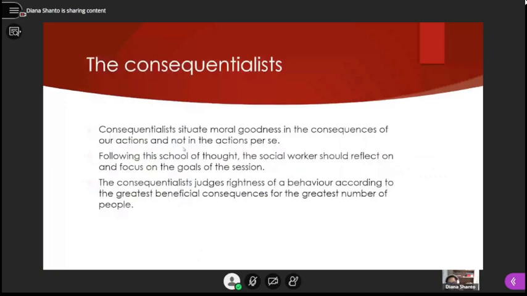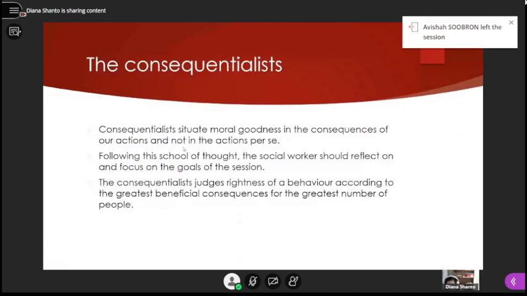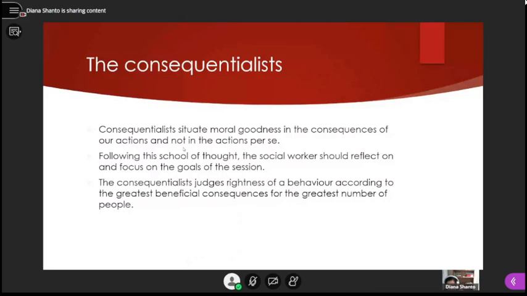Consequentialist situate moral goodness in the consequences of your actions. Donc, on regarde plus les conséquences. Et si on regarde les conséquences, on peut dire que following this school of thought, the consequentialist, you should reflect on and focus on the goals of a session.